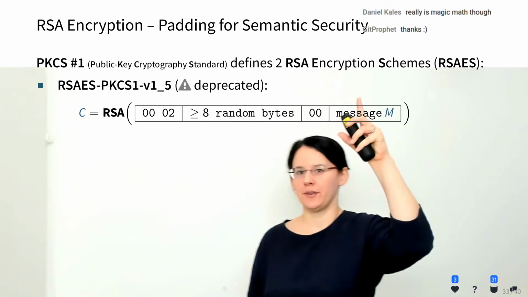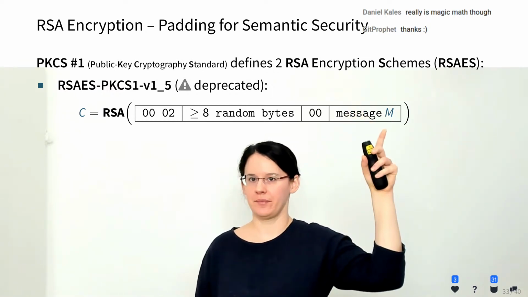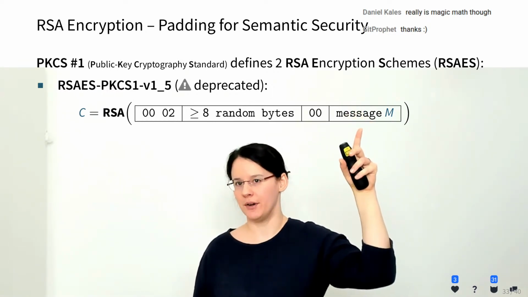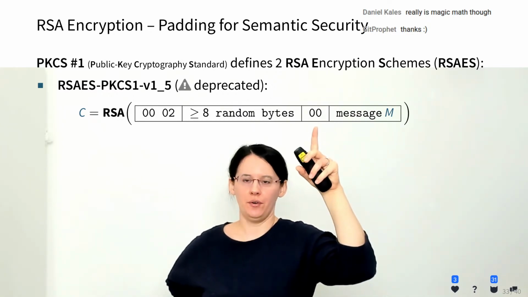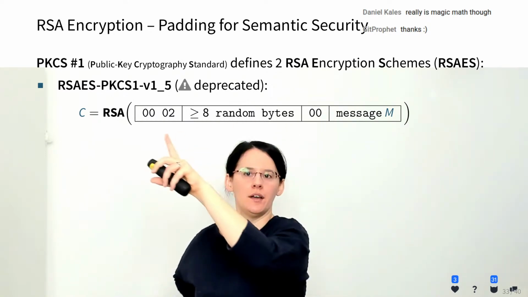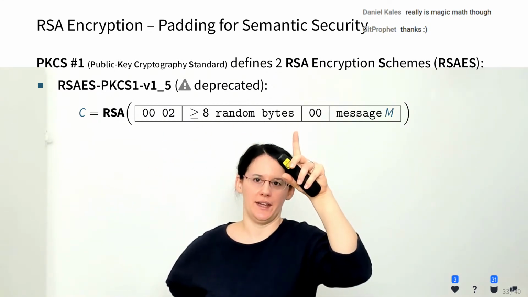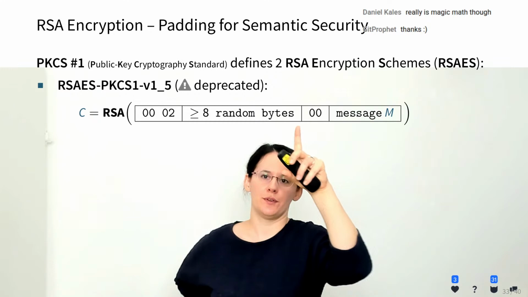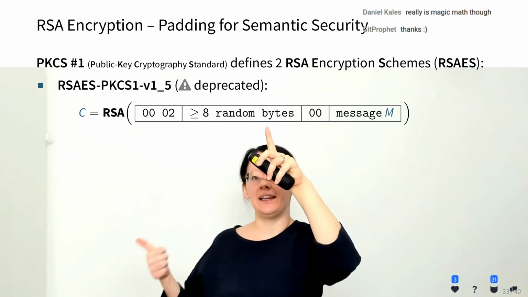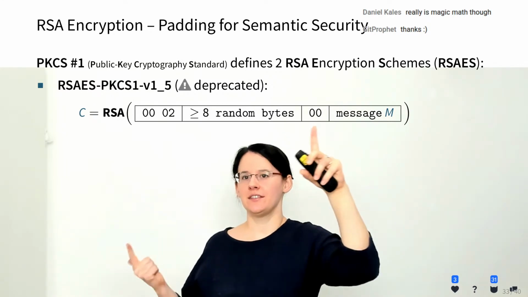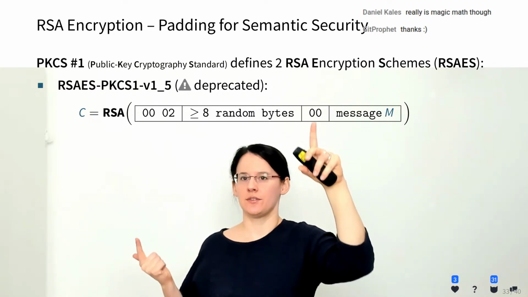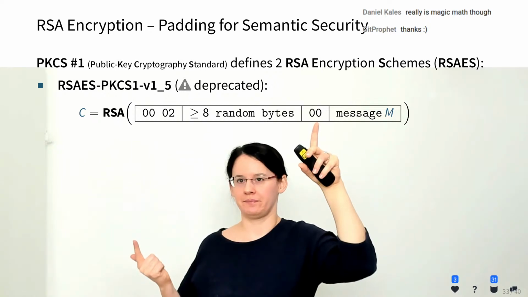So if you want to encrypt some message M, which is not quite as long as the modulus, what you do is the following. You simply prepend a 0 to separate it from a random byte string that you add. The only requirements for this byte string are that it should be at least 8 bytes long to have enough randomness, and it doesn't contain any zeros, so that this delimiter really works.